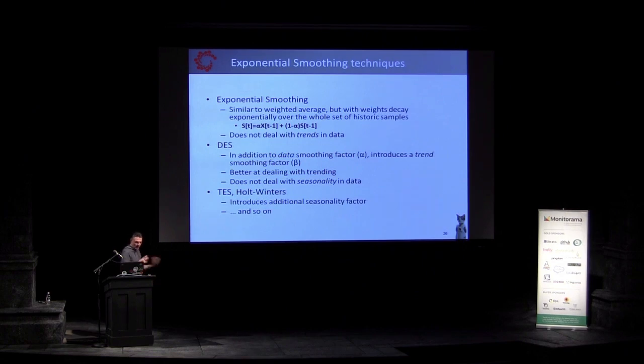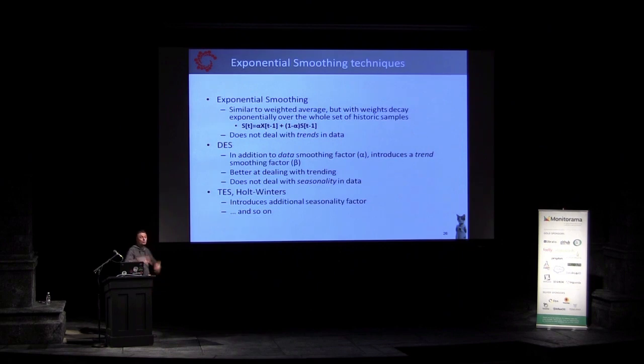Then we have issues here because, again, that doesn't work as well. So we say, all right, we're going to do it a little bit better. We're going to have exponential smoothing, so the past points contribute less and less and less. Then we figure out that actually it doesn't deal with trends in the data.